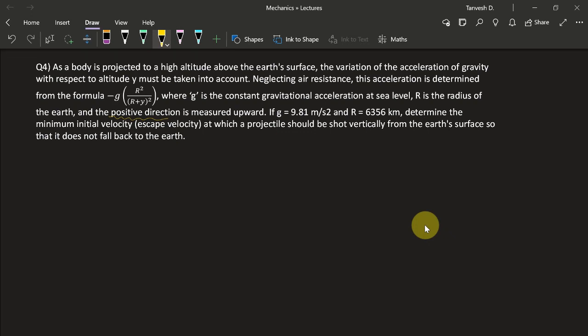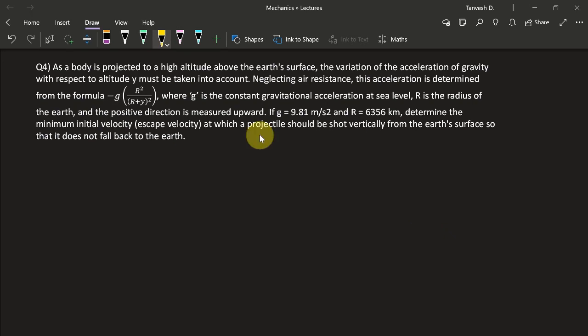determine the minimum initial velocity, that is the escape velocity, at which a projectile should be shot vertically from the Earth's surface so that it does not fall back to the Earth. Okay, so this escape velocity is told to find. Escape velocity means when that projectile reaches outside the boundary of the gravity, then it will go into the space, right?